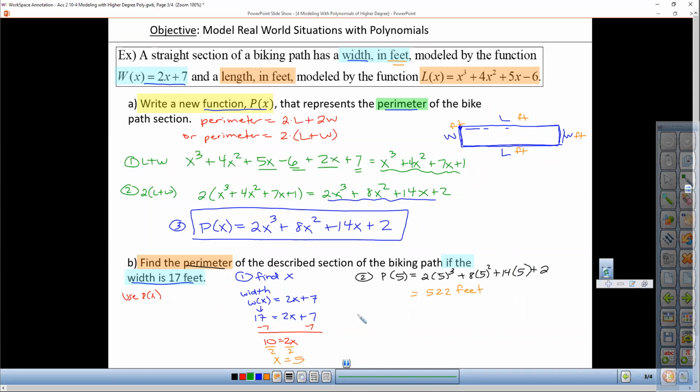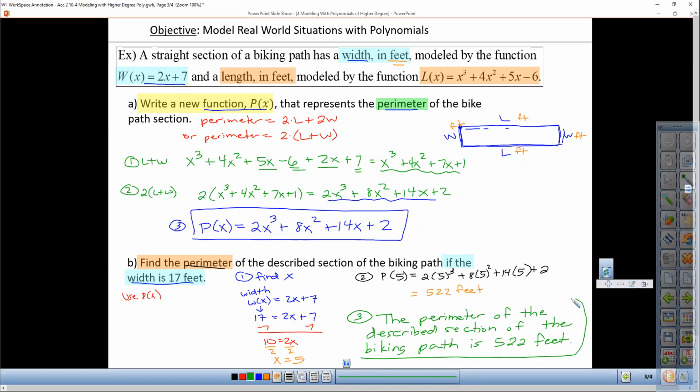And now we can write our conclusion that the perimeter of the described section of the biking path is 522 feet. All right, that finishes that one up. Let's move on to the last one here.